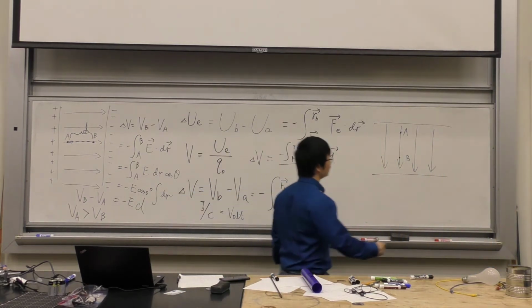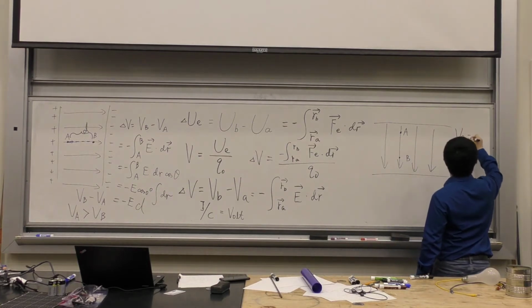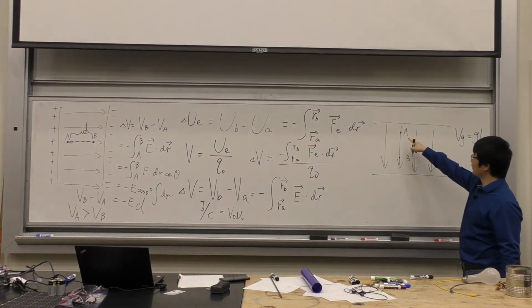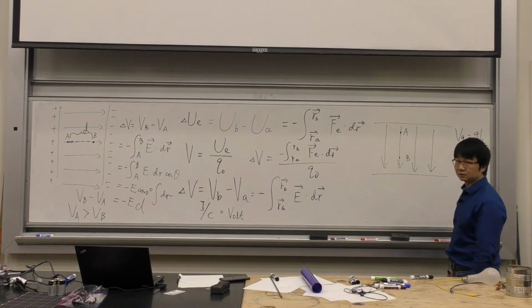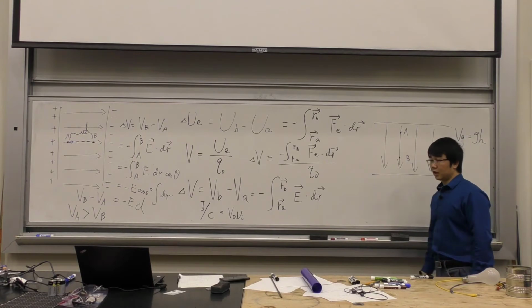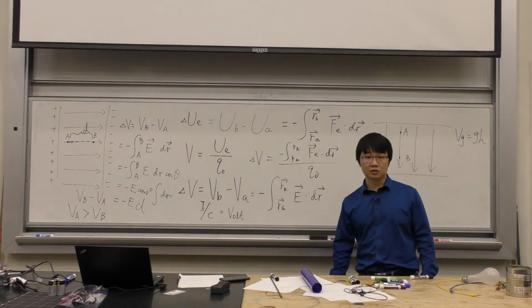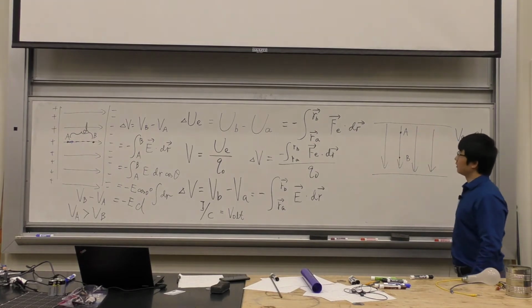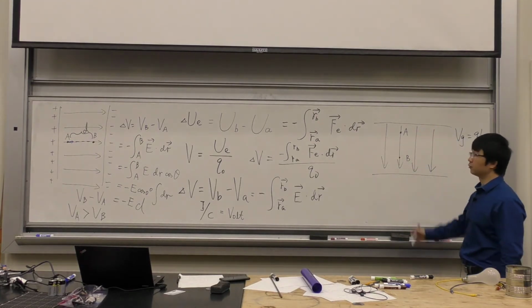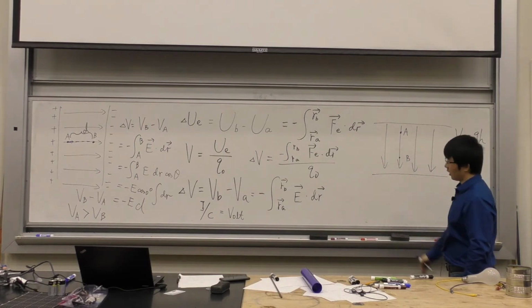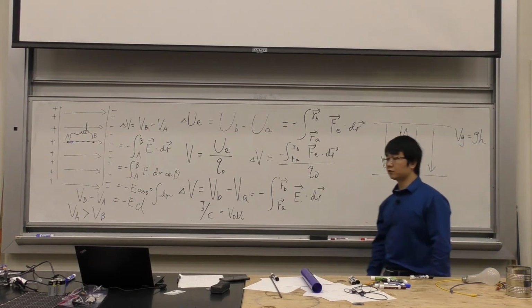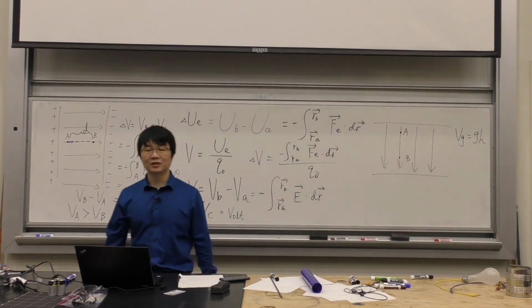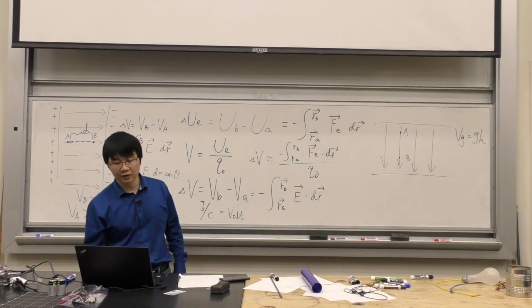And if you define gravitational potential energy this way, A is definitely at a higher potential than B, because the height of A is definitely larger than the height of B. So if this is a gravitational field and A is above B, and you ask me which one has a higher gravitational potential, of course A is going to have a higher gravitational potential than point B. And gravitational field lines are going down because gravity is down. So in the direction of the field lines, the potential always decreases. This is a general conclusion, and it's a very useful conclusion.